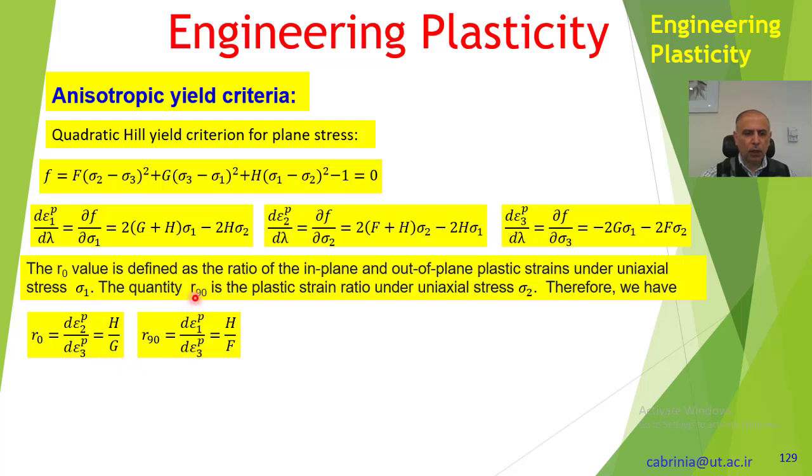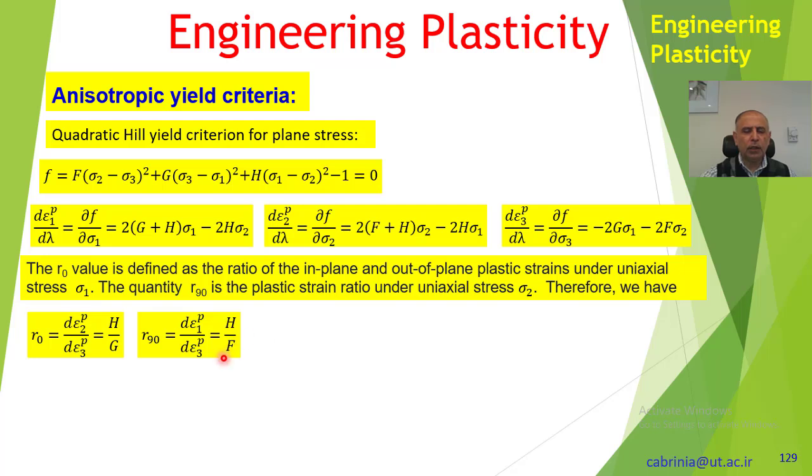And for the second one, R90 under uniaxial stress sigma 2, we have epsilon 1 over epsilon 3. Here sigma 1 is 0, so we get minus 2h sigma 2, and here we get minus 2f sigma 2.